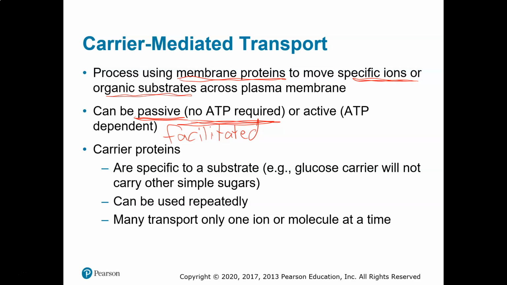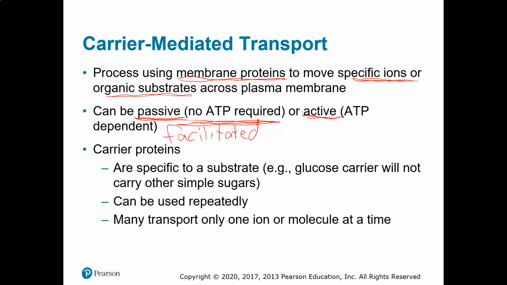whenever you're moving a substance from low concentration to high, against its concentration gradient, and ATP is needed, then that would be active transport. So carrier-mediated transport can be passive or active.